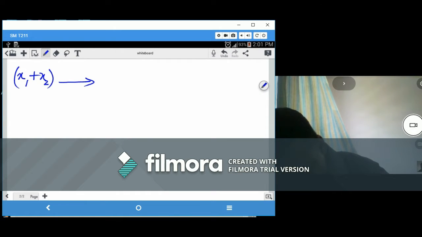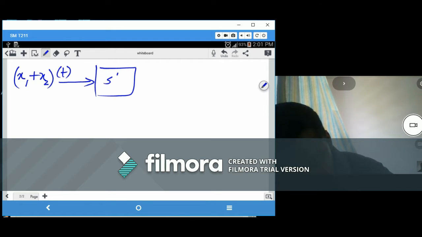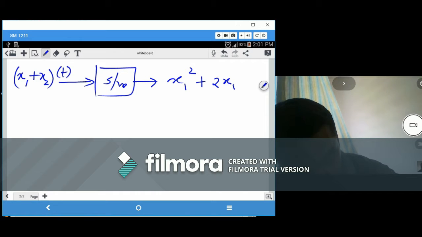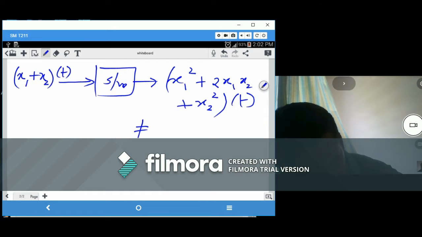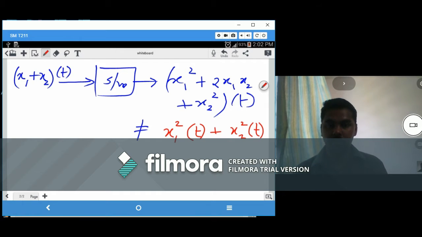I'm going to add pointwise the signal x1 plus x2 of t, and if I pass it through the summation system, it would result in, say, x1 squared plus 2 times x1 x2 plus x2 squared of t, which is not equal to the sum of the individual outputs, which is x1 squared plus x2 squared of t.